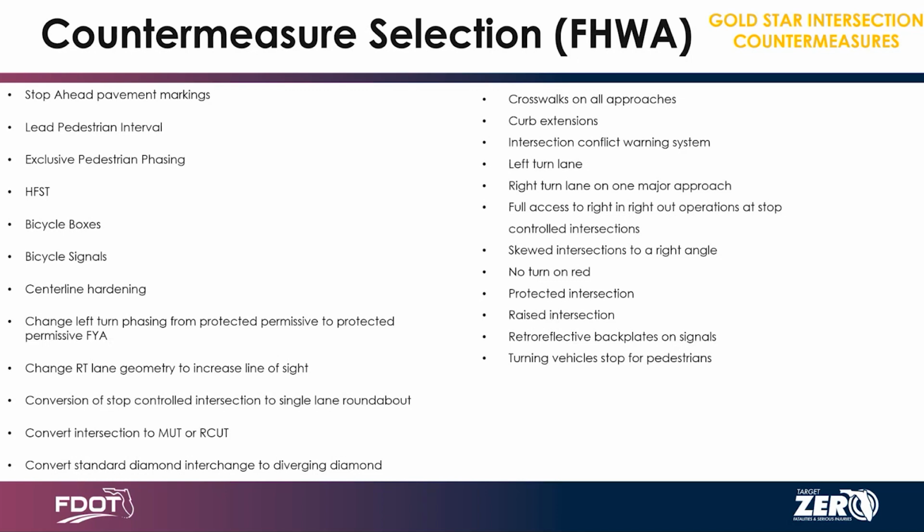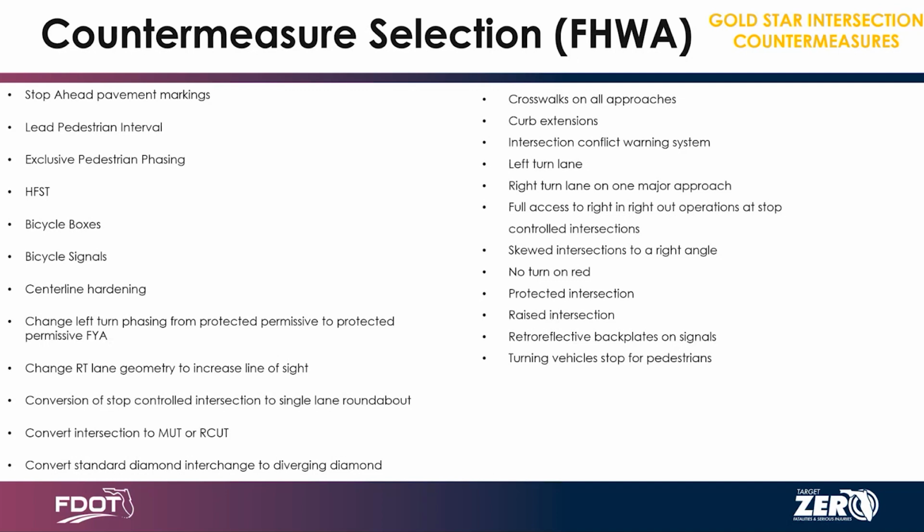There's been a lot of research within the state of Florida, nationwide, and internationally on before-after studies for these countermeasures to quantify the benefits of them. So we're going to be talking through specific countermeasures and the percentages of crash reduction that we're seeing for different crashes and injury types.